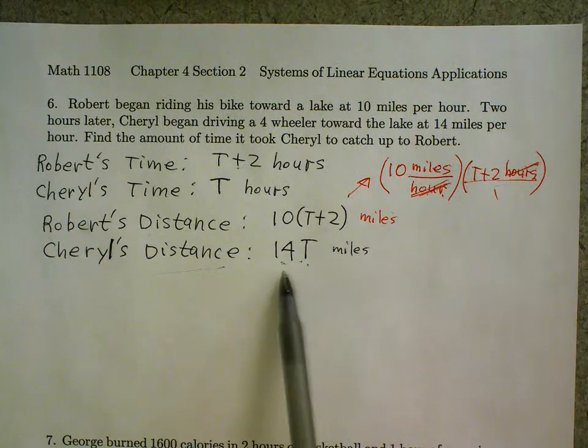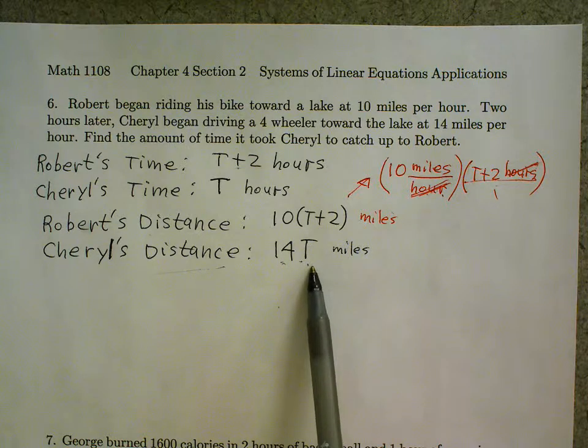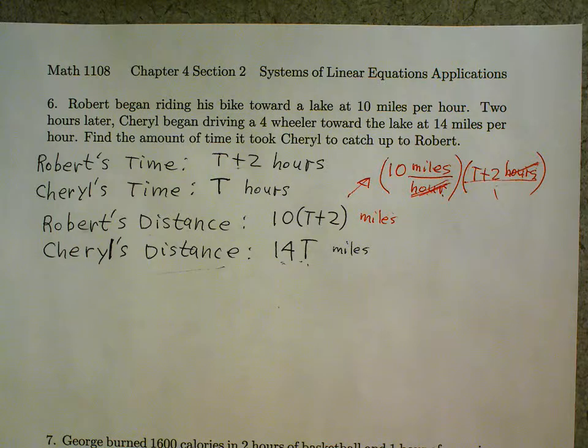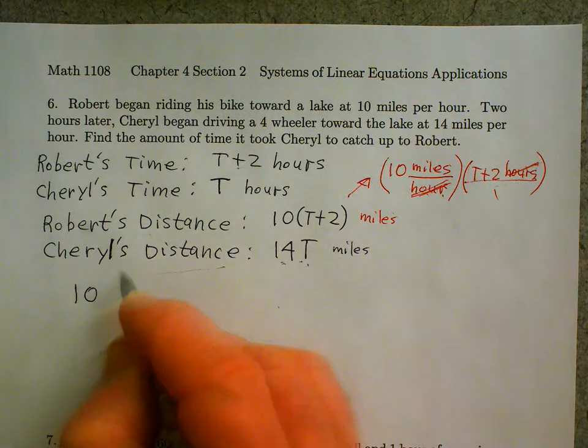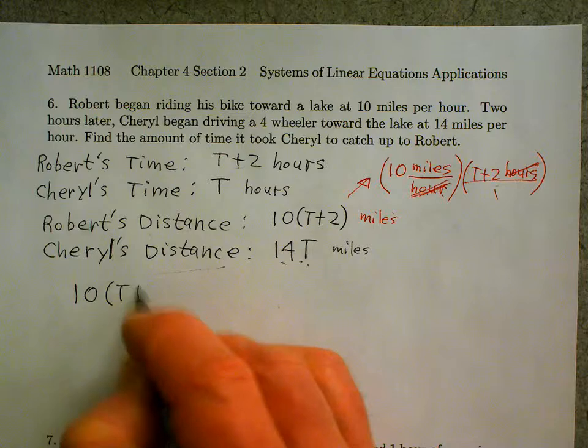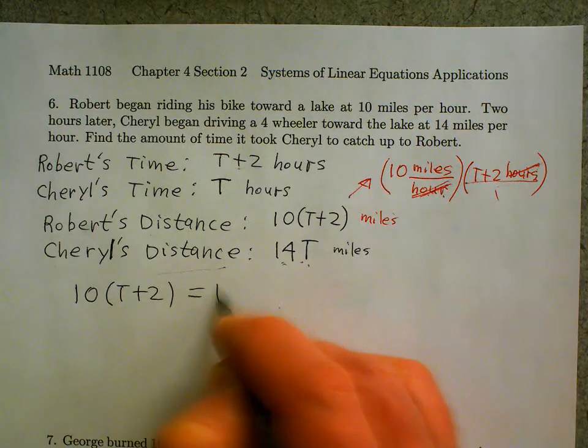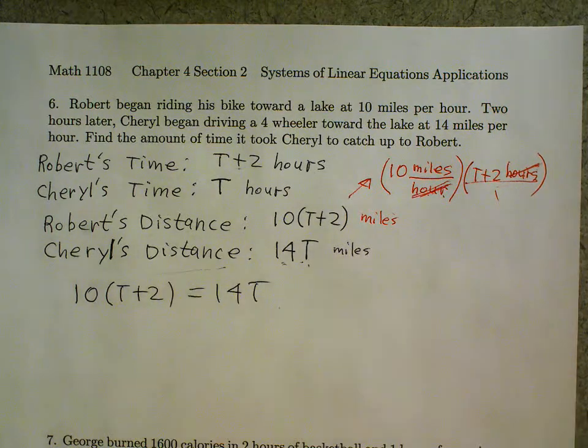And Cheryl's distance is represented by 14 times T. If they are equal, then our equation is 10 times the quantity T plus 2 equals 14 times T. And we know how to solve this for T. First, distribute multiplication by 10 over the binomial T plus 2.